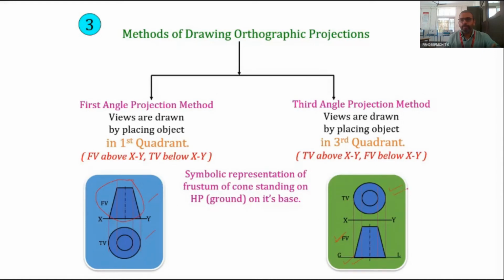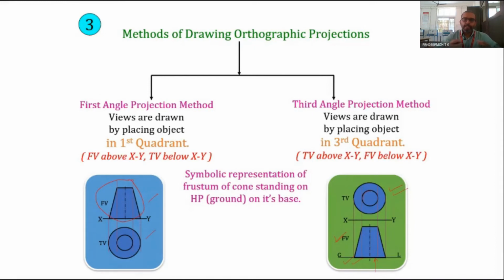Here also there will be two circles, but there is a slight mistake in this drawing, because this circle will be invisible. Since we are looking from this side, this portion will be visible to us, but this portion will be hidden from our view. So the inner circle is drawn with a dotted line in the case of the third angle projection.